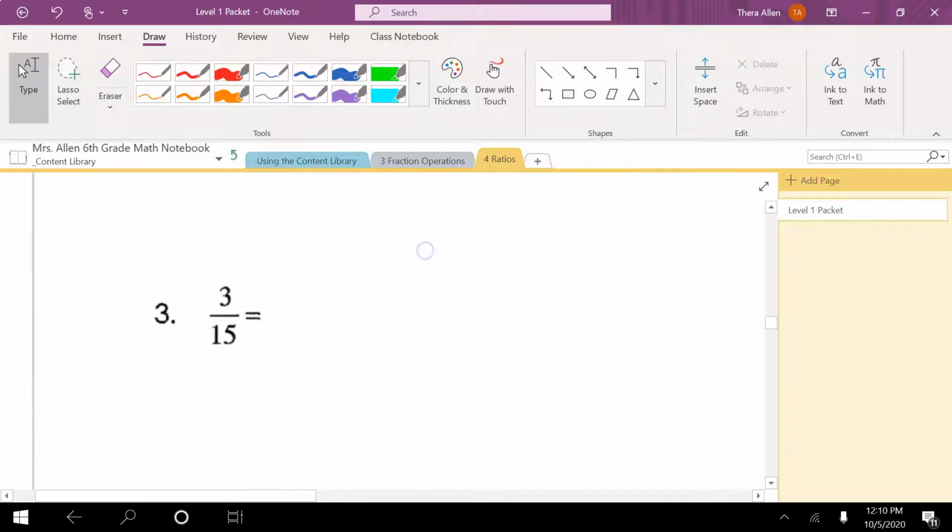I'm going to move down here to 3 and 15. 3 and 15 have a common factor of 3. Divide by 3. And then 3 divided by 3 is 1, and 15 divided by 3 is 5. So my new ratio or fraction is 1 to 5.